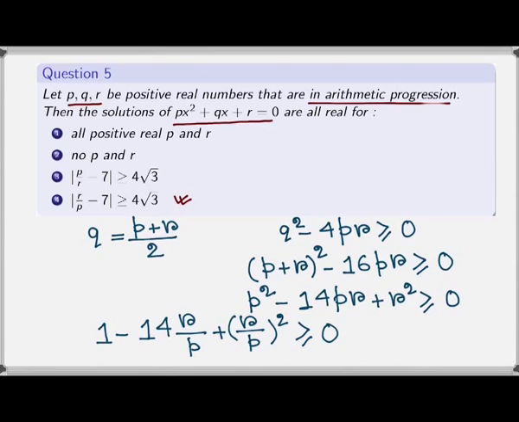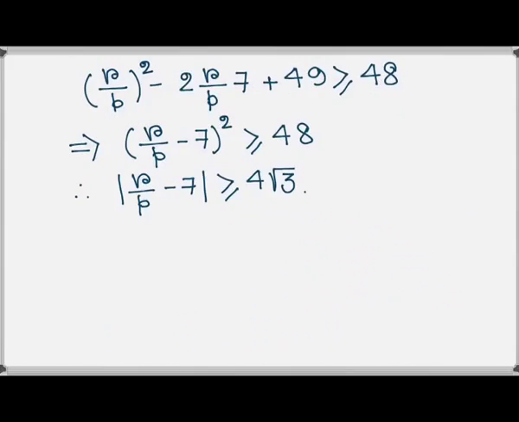Now let us check the other three options. To do that, let us first find out the location of the ratio r by p.